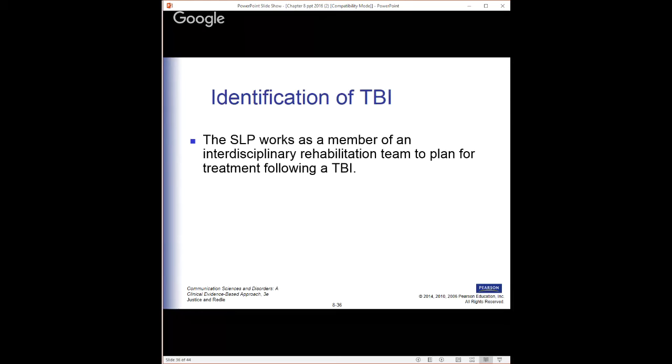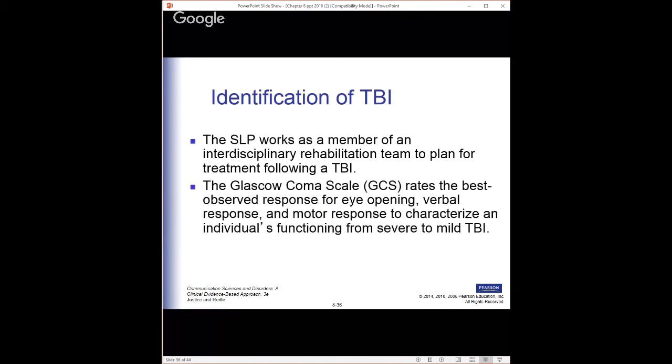There will be other professionals from other disciplines who will be helping, and you may even use a multidisciplinary approach in your therapy, which we'll talk about in a little bit.